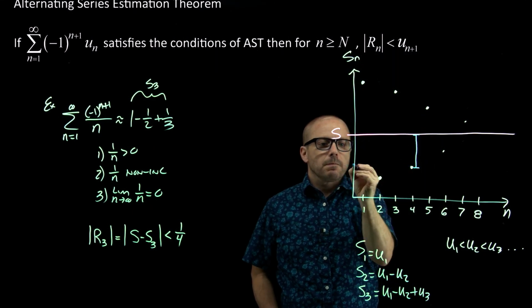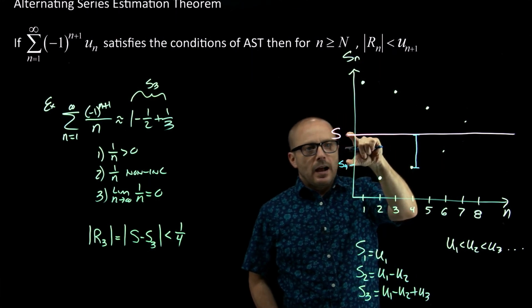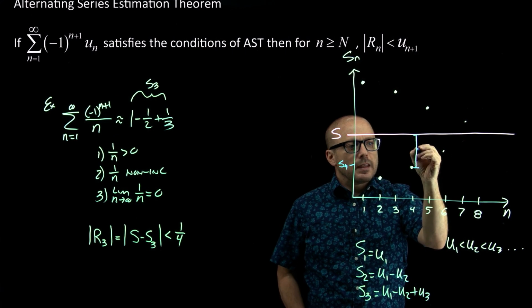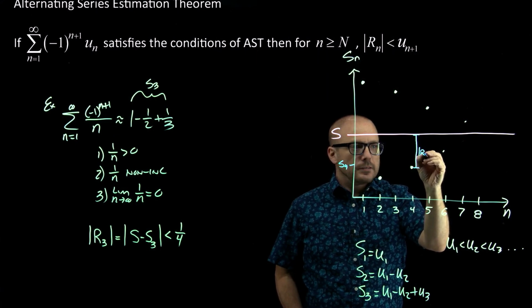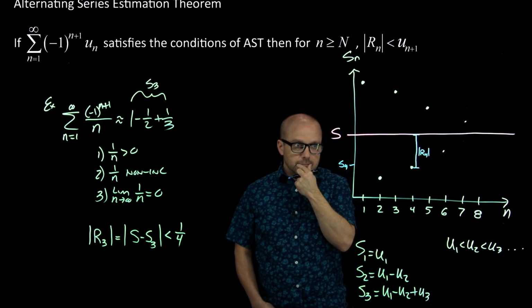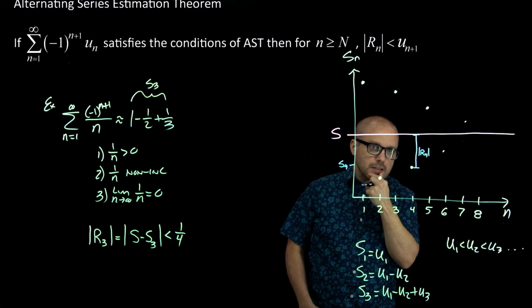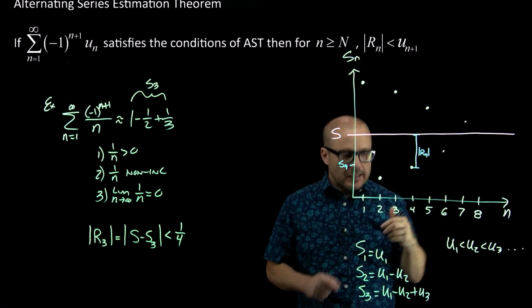This is S sub 4, my fourth partial sum. How far is it from the actual sum? That's what we're defining to be the magnitude of our error, right? Well, I just got done saying that you have to always jump over the line, and that's the key.